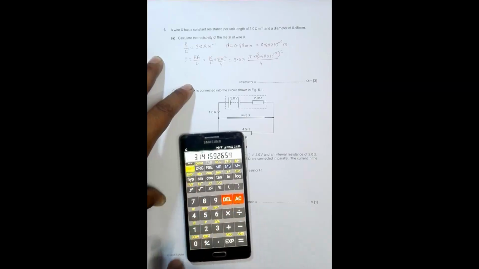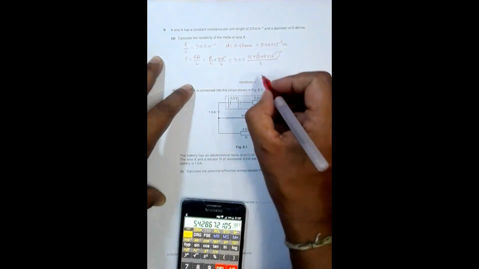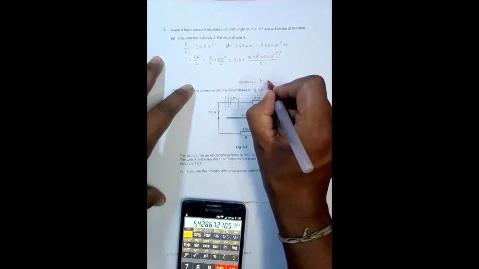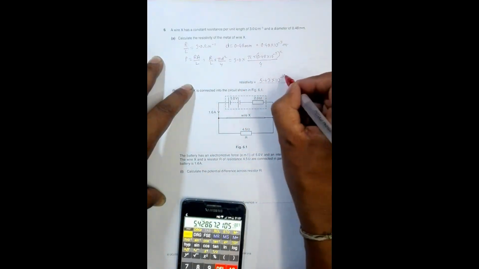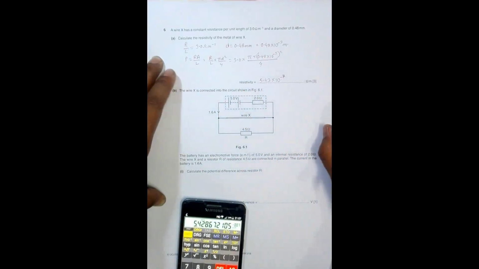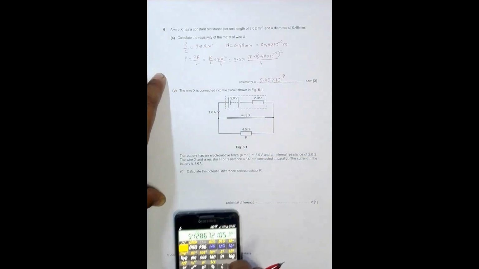So shift to pi divided 4 into 0.48 exponent minus 3 square equal to, so this thing is equal to 5.43 into 10 to the power minus 7 ohm meter. So the value of resistivity becomes 5.43 into 10 to the power minus 7 ohm meter.